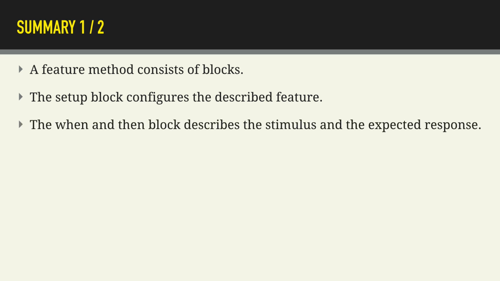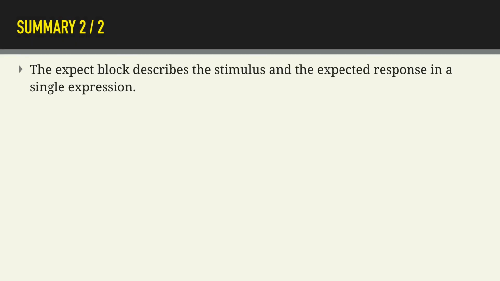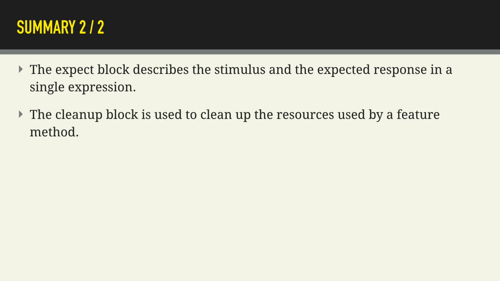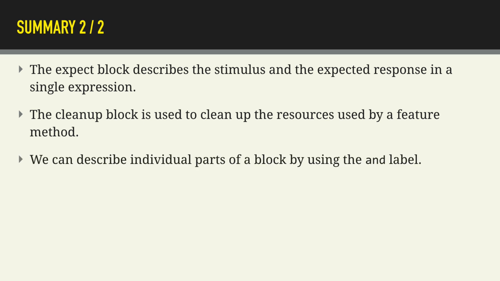The when and then block describes the stimulus and the expected response. 4. The expect block describes the stimulus and the expected response in a single expression. 5. The cleanup block is used to clean up the resources used by a feature method. And 6. We can describe individual parts of a block by using the AND label.